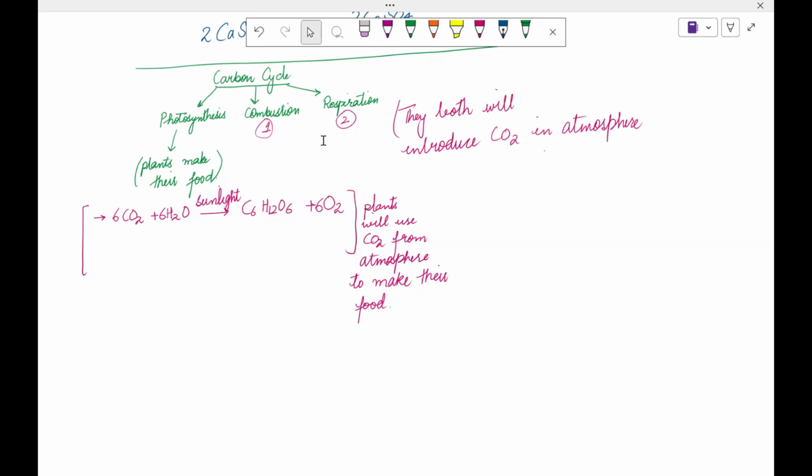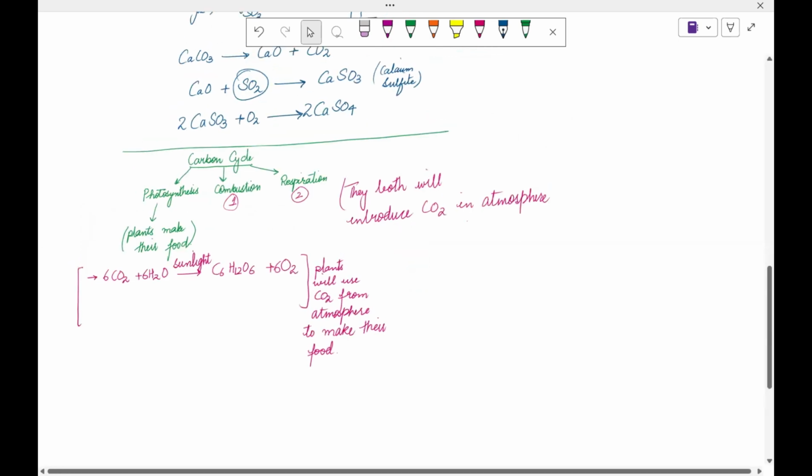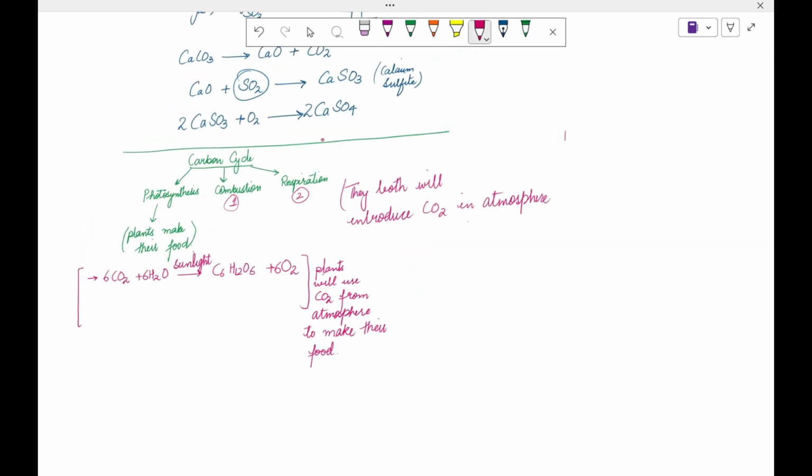So let's first discuss the respiration process. In respiration, this is food which we know, which is glucose, C6H12O6.